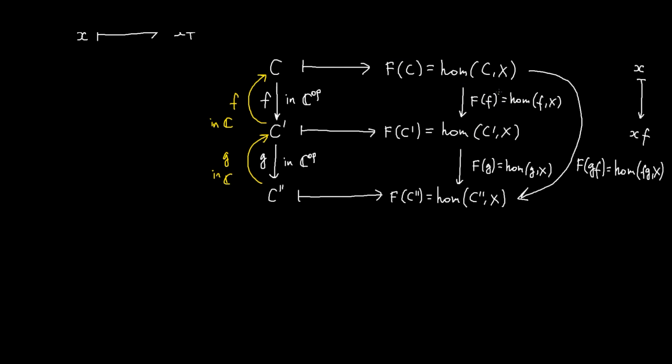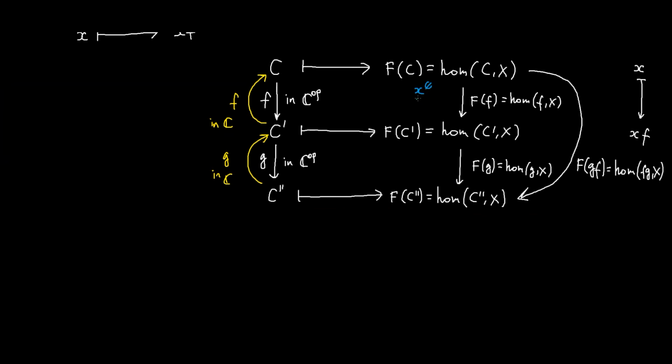Preservation of composition should now be that if I take an element x in here, maybe I'll use a different color for that. So if I take x in here, I map it down along the composite of these two functions. That should be the same result as mapping it along that bended arrow we've got here. So what happens if I map x down by F of f?